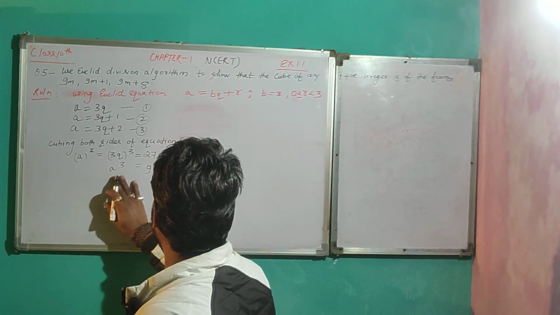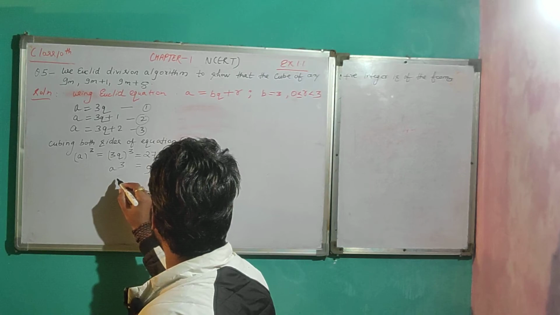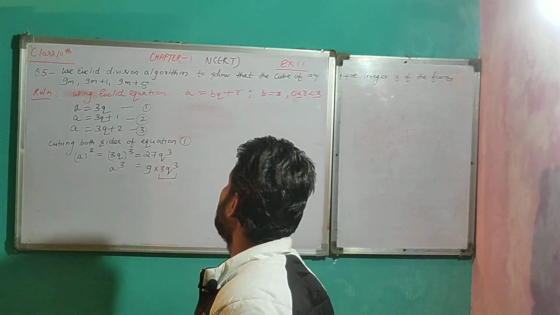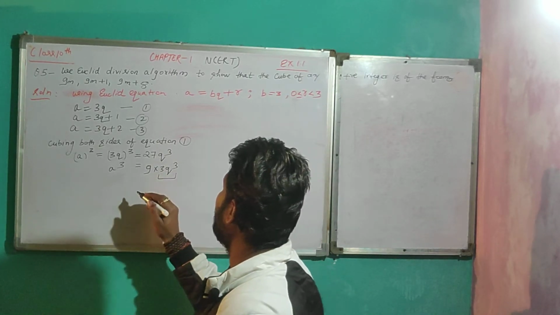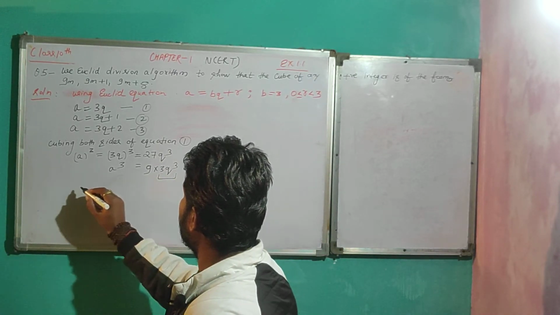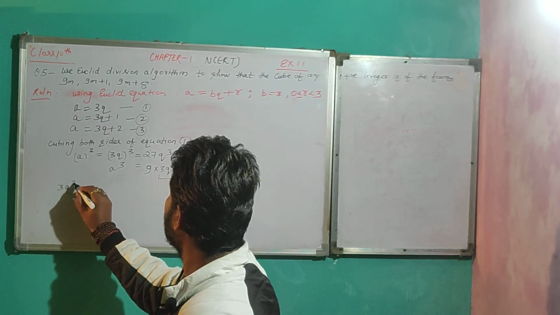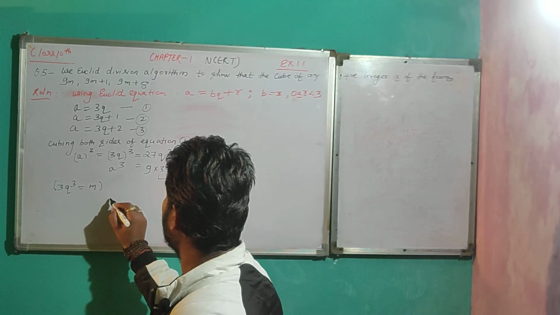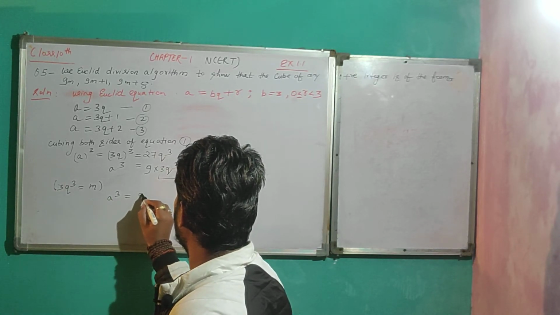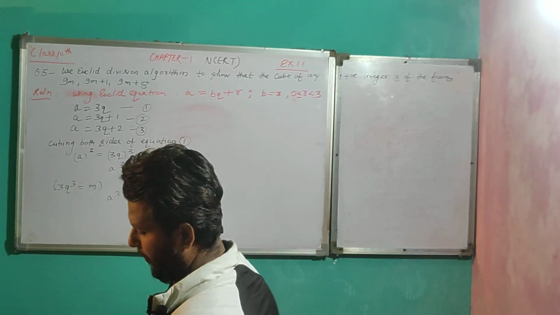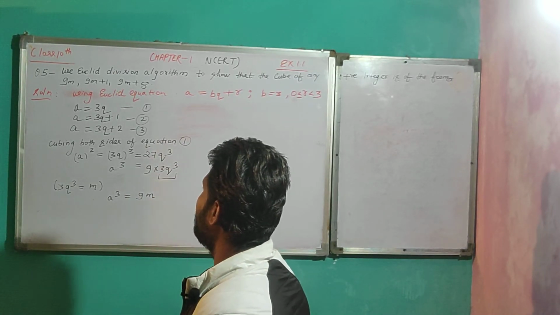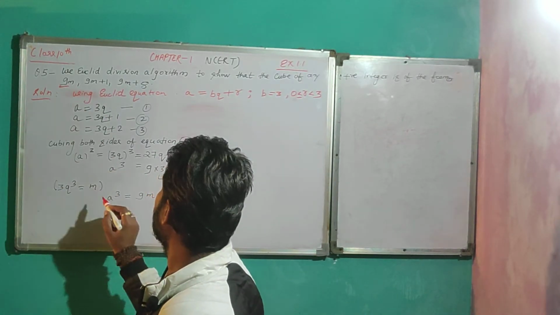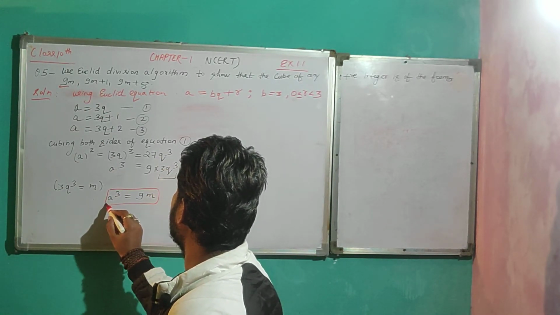Therefore, taking 3q cube as m, a cube is equal to 9m. So first we proved a cube is equal to 9m.